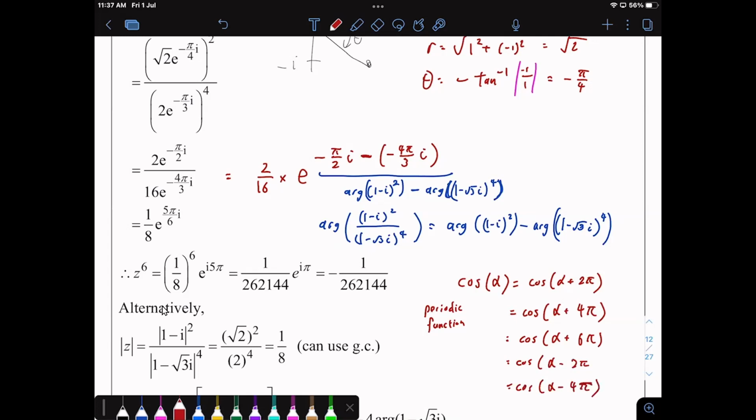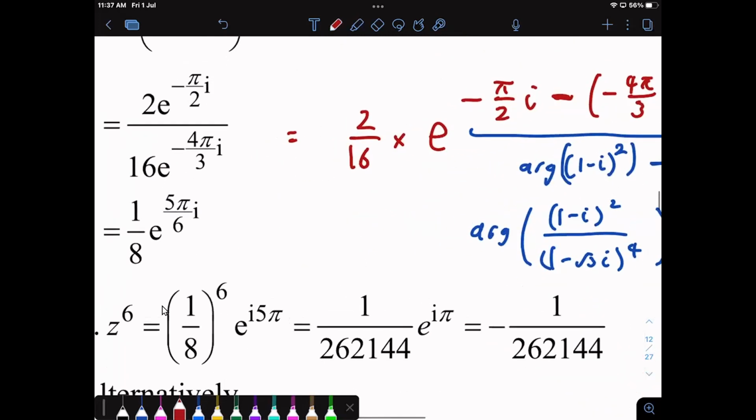Yeah, makes sense. So this also applies to sine. That's why over here, the 5 pi, you can reduce it down into pi. What you did is you converted e^(i5pi) first into cosine of 5 pi plus i sine 5 pi. But then you take away 2 pi 2 times, minus 2 pi, minus 2 pi. Then you'll end up with pi.